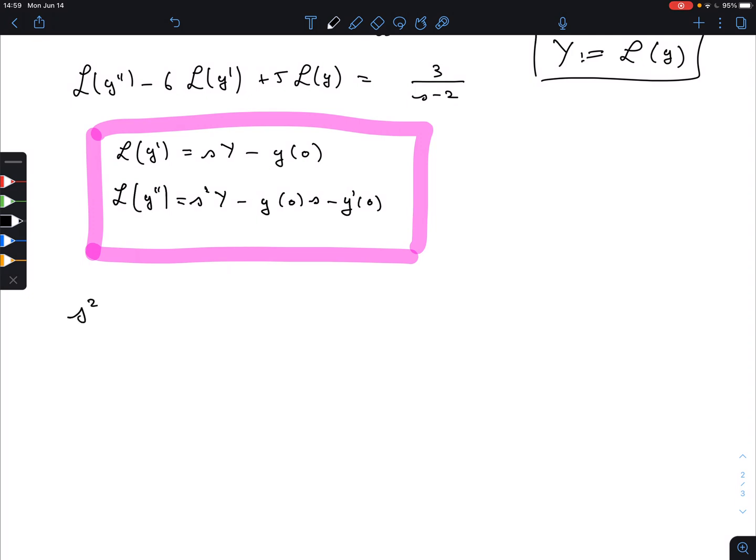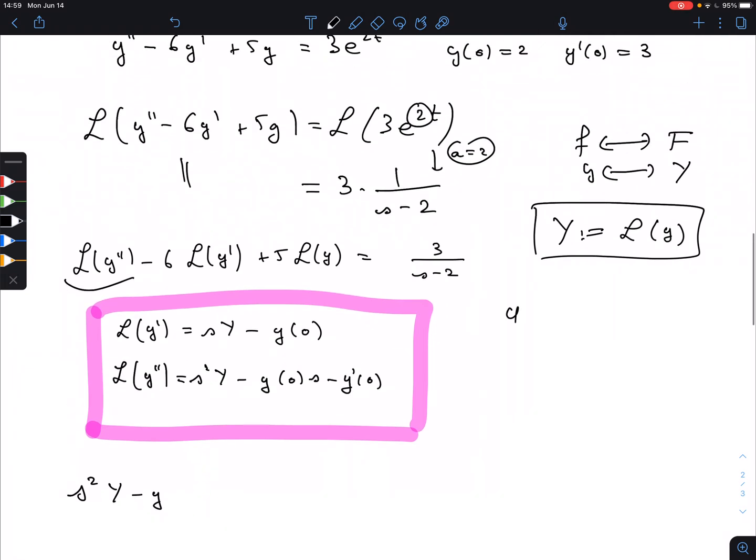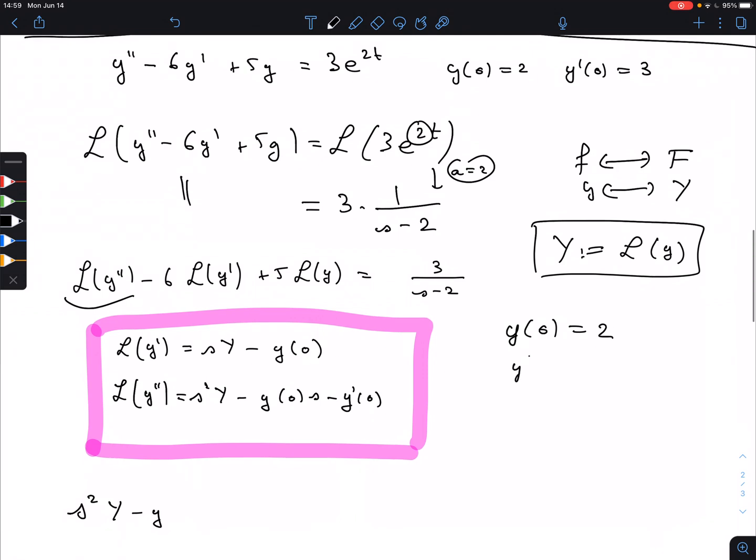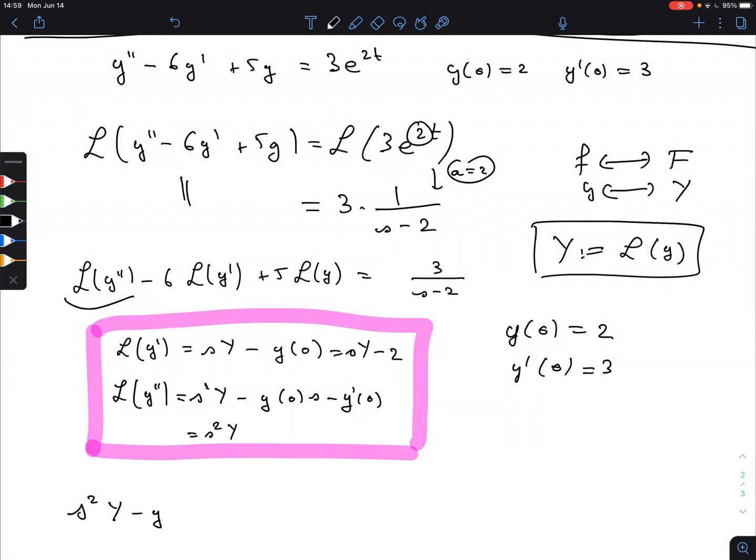So s squared Y minus s y(0), oh wait, I know what y(0) is. They gave it to us, so let's not be dense about this and write them up. This would be sY minus 2, and this would be s squared Y minus 2s minus 3.